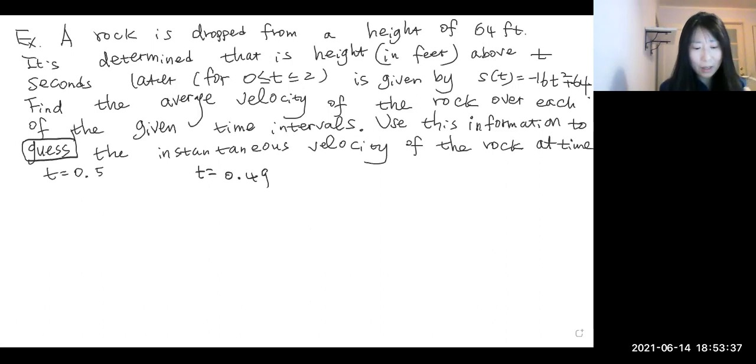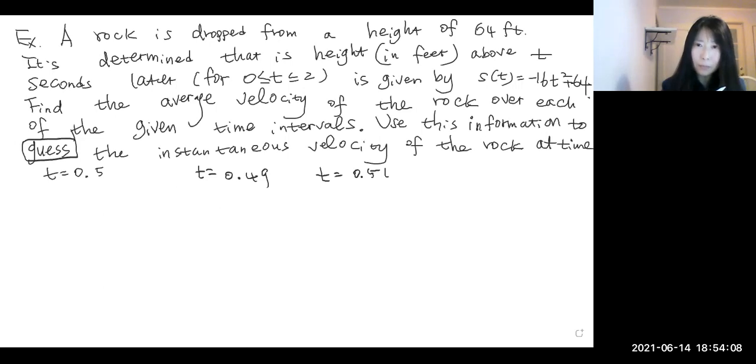And then t equal to 0.51 is also close to 0.5. What do you think? Yes. So if your homework asks about the instantaneous velocity, do it like this.